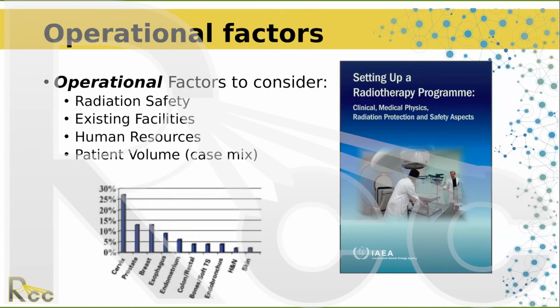So these are the operational factors to consider: the radiation safety, the existing facilities, human resources, and the case mix, how many patients you're going to treat. Obviously, this table shows that the cervix would probably be the most frequent one, and that's the one that I think IAEA in general and others are pushing because we know that it's effective for cervical cancer.